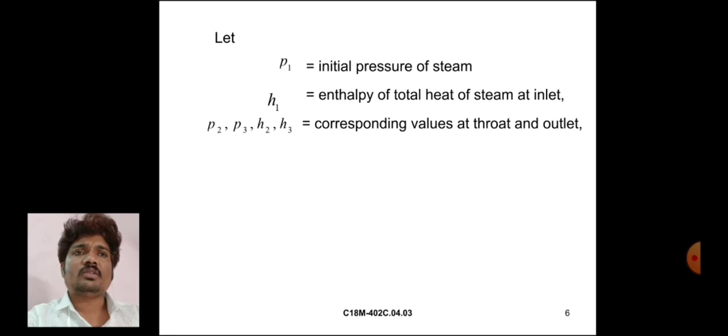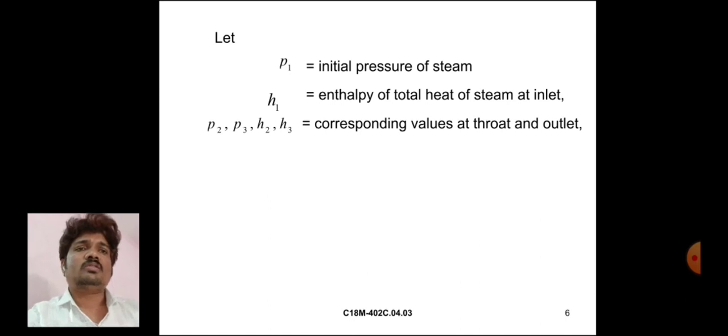P1 is the initial pressure of the steam, P2 is the throat pressure of the steam, P3 is the exit pressure of steam. H1 is the enthalpy, or total heat, of steam at inlet position.